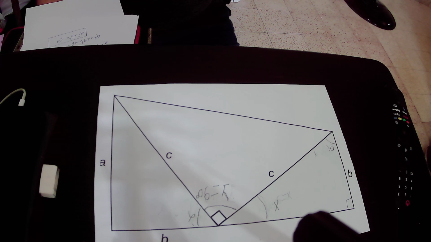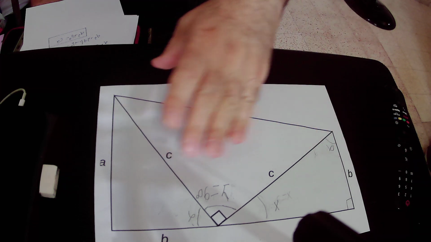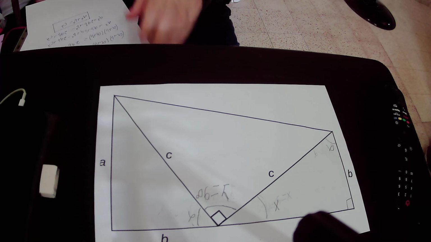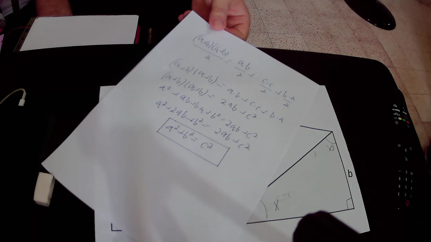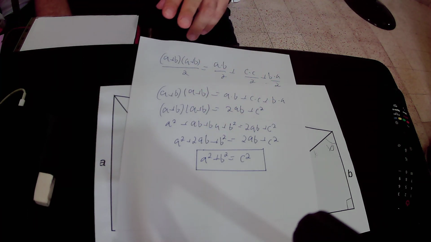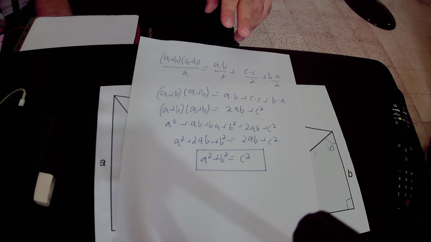and then we said that the first expression equals the second expression, because it is the area of the same trapeze. And then we actually derived the Pythagorean theorem by developing the first equation that equals the second equation.